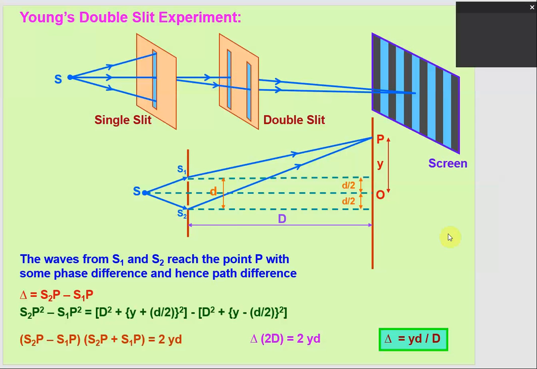So for proper interference, which is called sustainable interference, the dark and bright fringes are not moving, and bright fringes are completely bright and dark fringes are completely dark. This kind of interference pattern received on the screen is called a sustainable interference pattern.